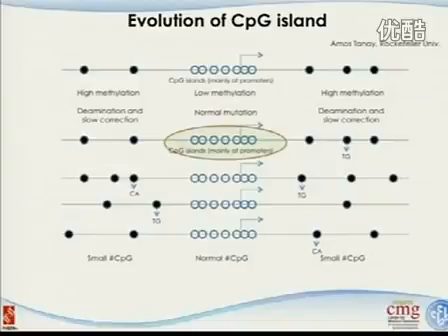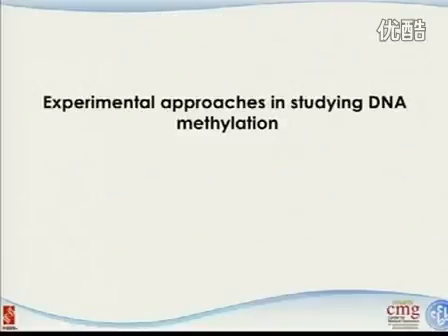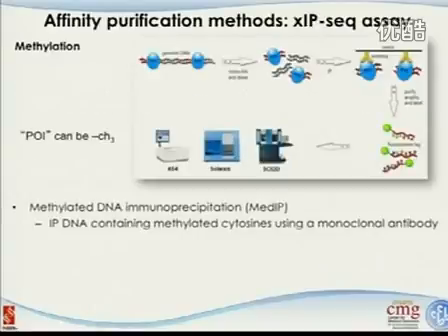Because if it is high, the CpG will be changed to TG, and eventually the CG doesn't occur anymore. So this is how the CpG island is generated. It's just because of the mediation of the methylation.